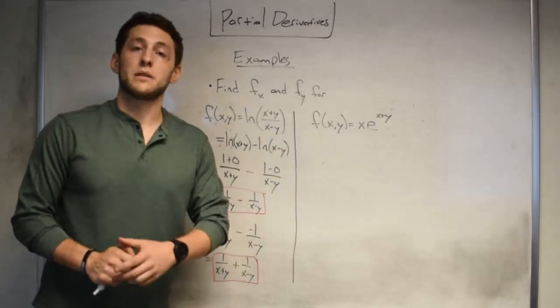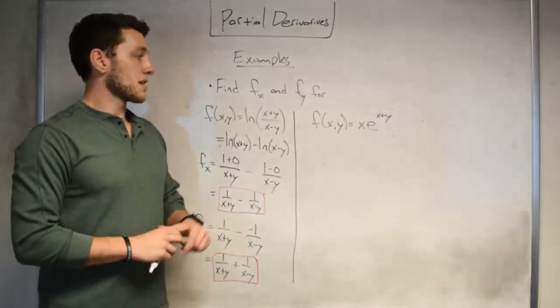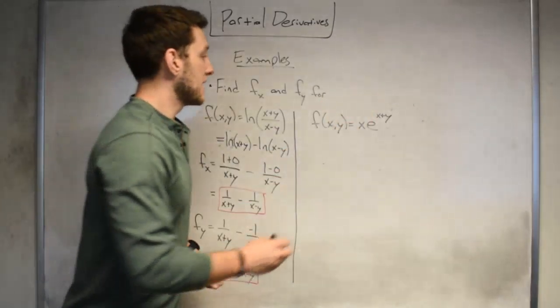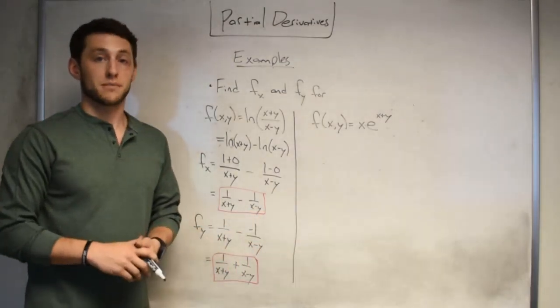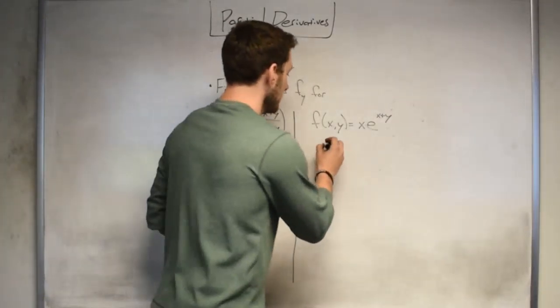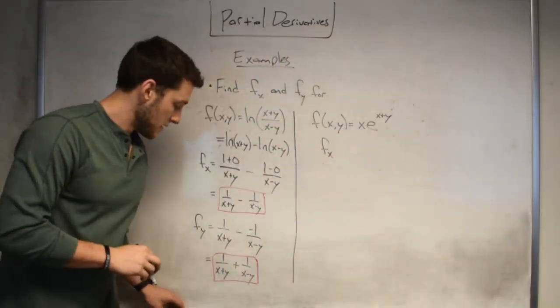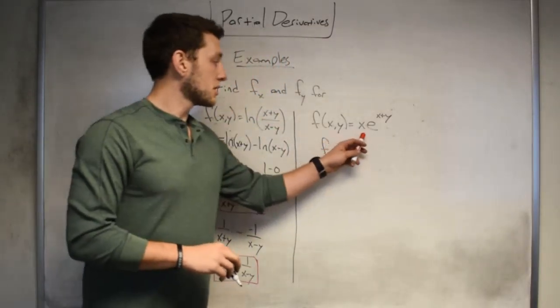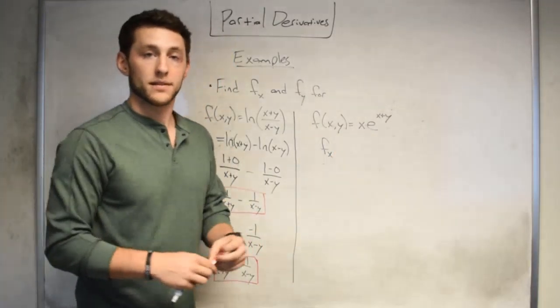This one over here is going to be a little bit sneakier. The function f of x comma y equals x times e to the x plus y. Now allow me to emphasize that times. When finding f sub x, notice that I have two terms regarding x. I am treating y like a constant.